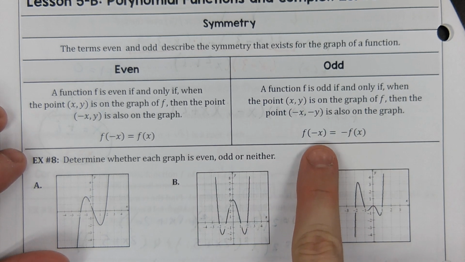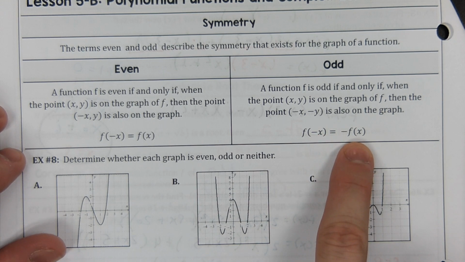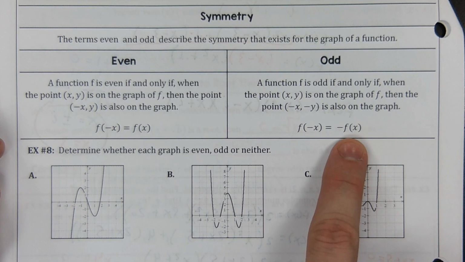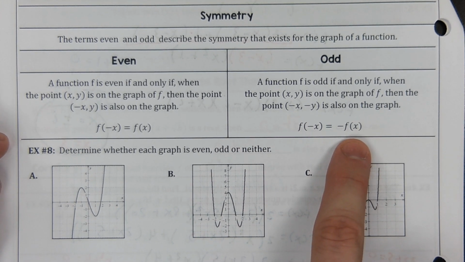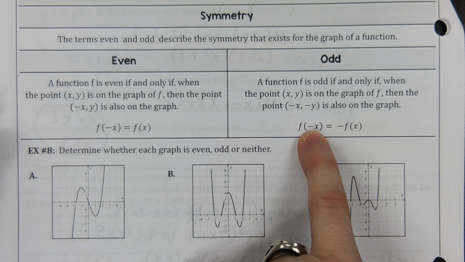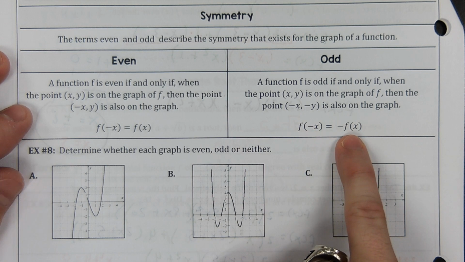Geometrically, reflecting over the y-axis is the exact same thing as if you had reflected over the x-axis. See how important transformations are? Algebraically, if you take your original function and replace all of your x's with negative x's, then you clean it up. If the result looks like all you did was multiply by negative 1, then it's odd.